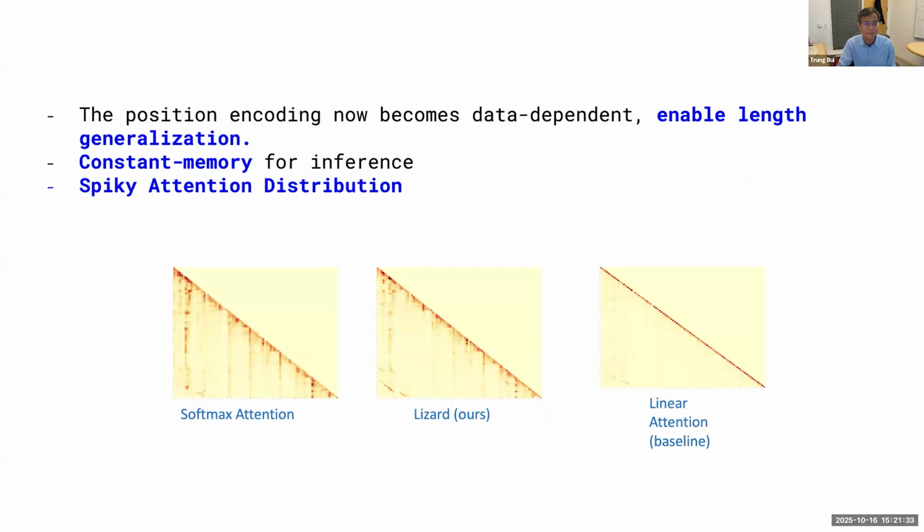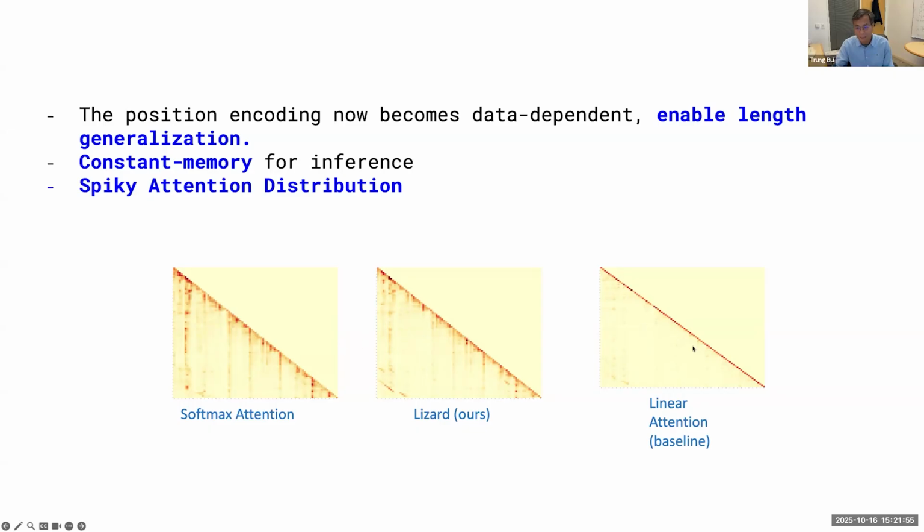Another key observation is that when we visualize the softmax attention, our method closely mimics the full attention behavior, the so-called spiky attention distribution.